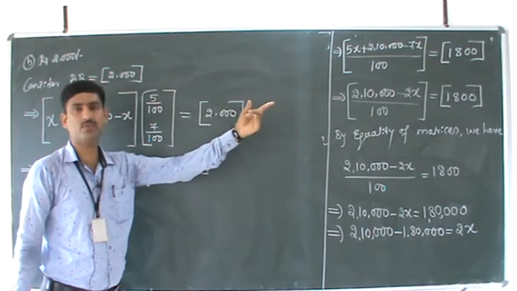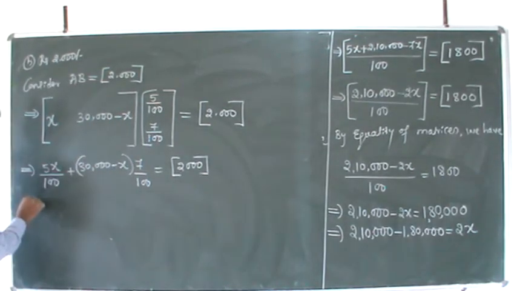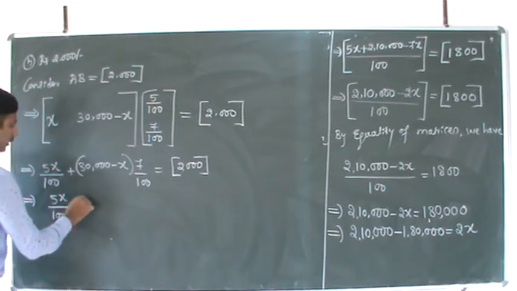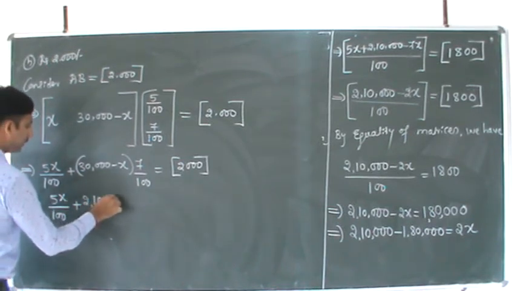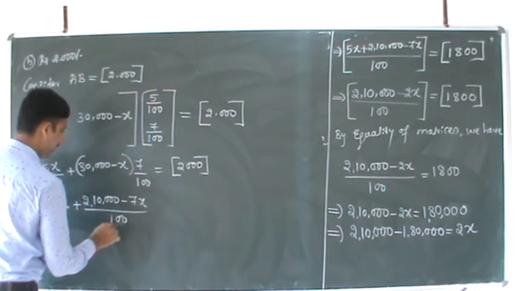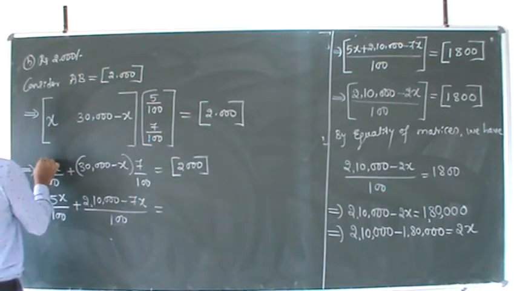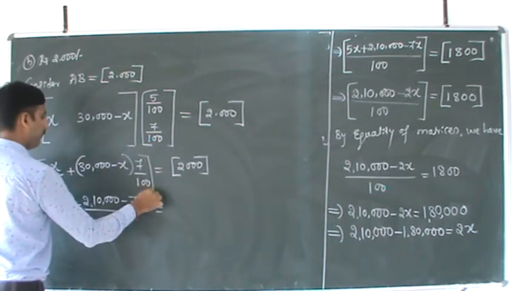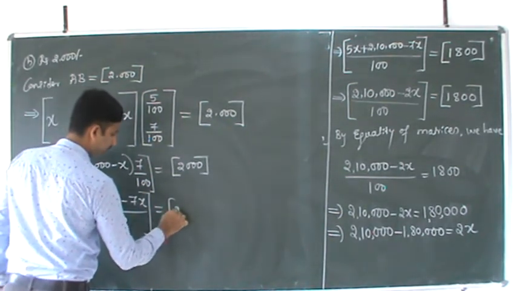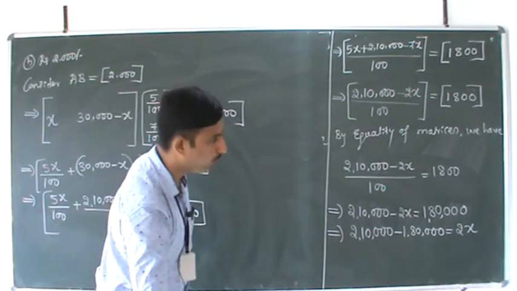Before we had 1800, now we have 2000, that's enough.